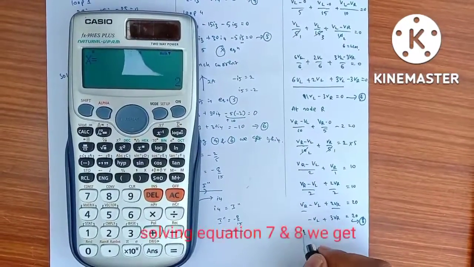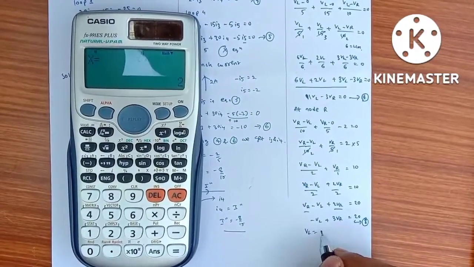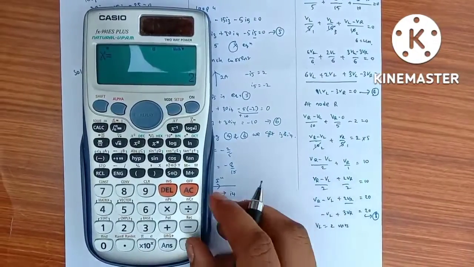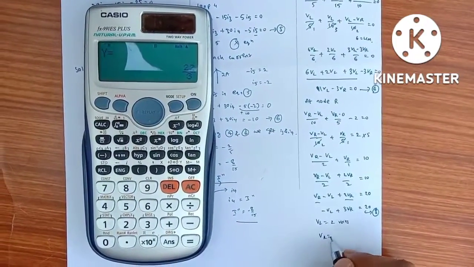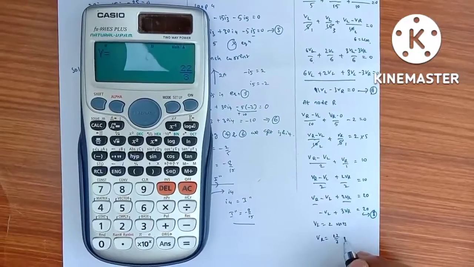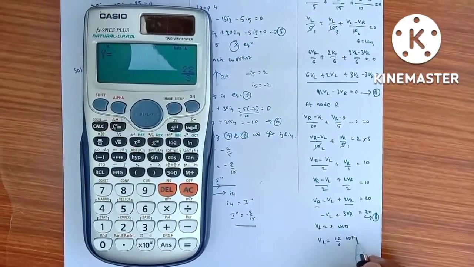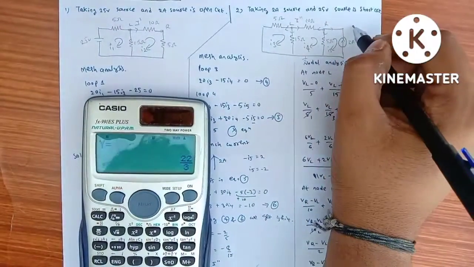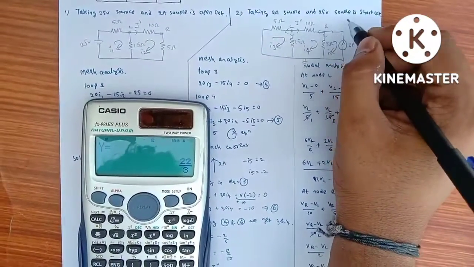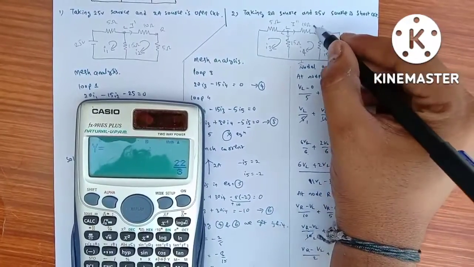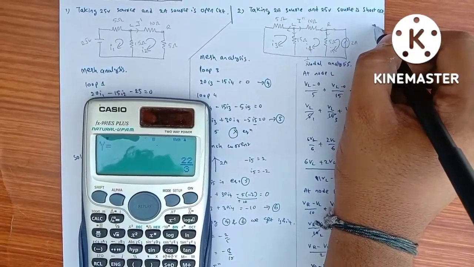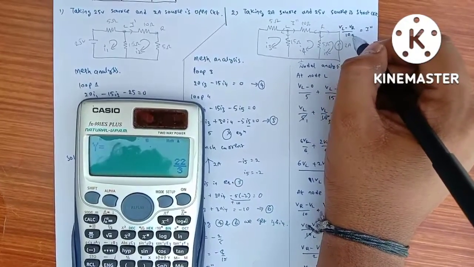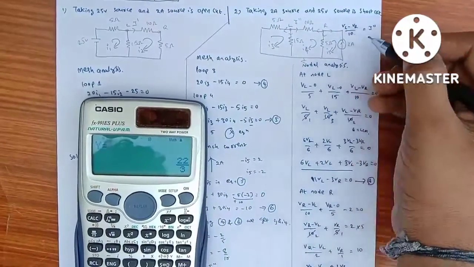Now we get VL is equal to 2 volts and VR is equal to 22 by 3 volts. Now if you observe here, the current through 10 ohms is I double dash, which is equal to VL minus VR by 10 ohms.